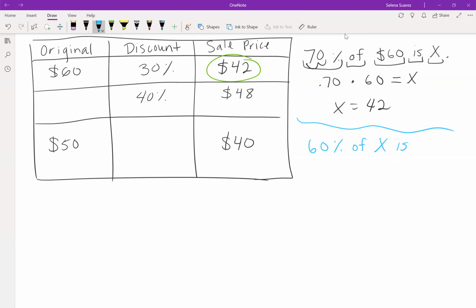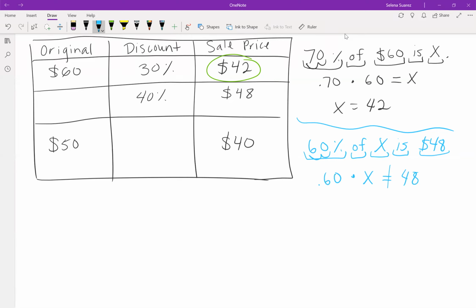So in this case, it's $48. Okay, so I'm paying 60%, so I'm going to change this into a decimal, move it over twice, 0.60. Of means to multiply. I already have my variable, which is what I'm solving for, and then is tells me that I'm going to have an equal sign, and then my 48.